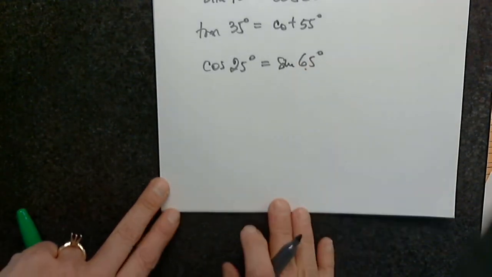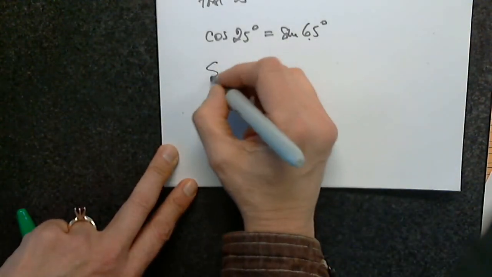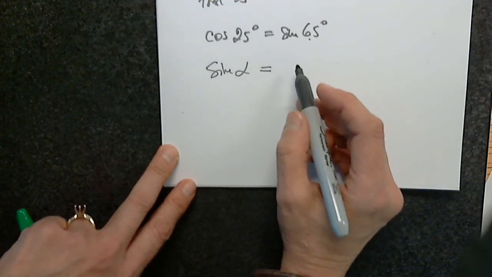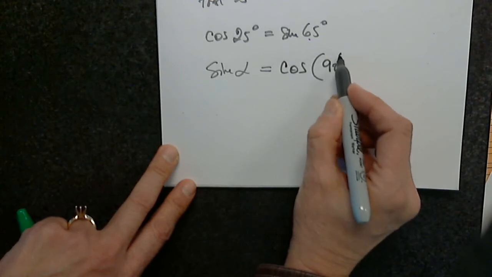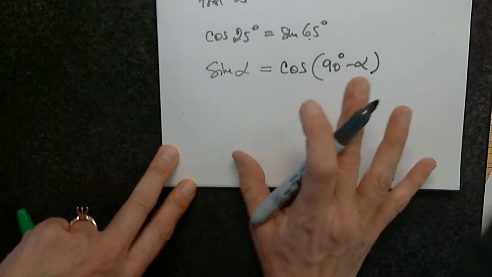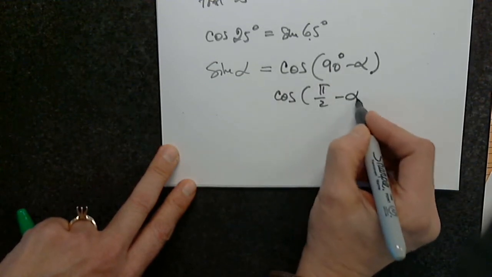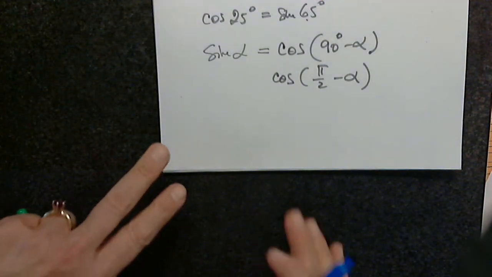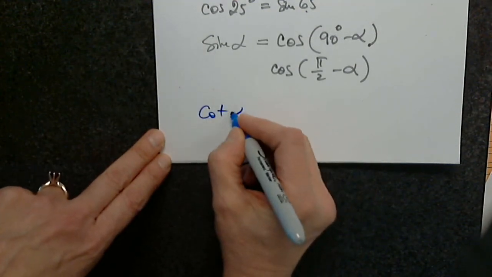Very good. So in general, now we can write the cofunction identities. So I will say sine alpha is the same with cosine 90 degrees minus alpha, or I can write the same thing as cosine pi over 2 minus alpha. Let's say cotangent, just one more.